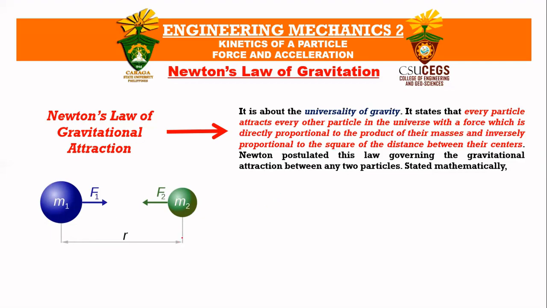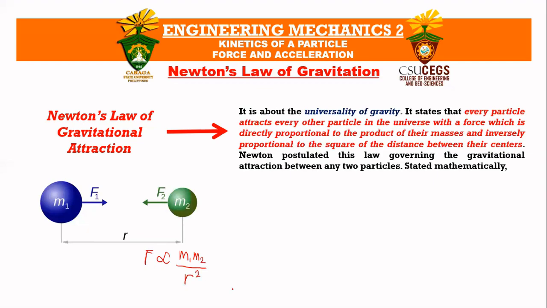As mentioned in the statement, the force between the two particles is directly proportional to the product of the masses of the two particles and inversely proportional to the square of the distance between their centers, which is represented by r.